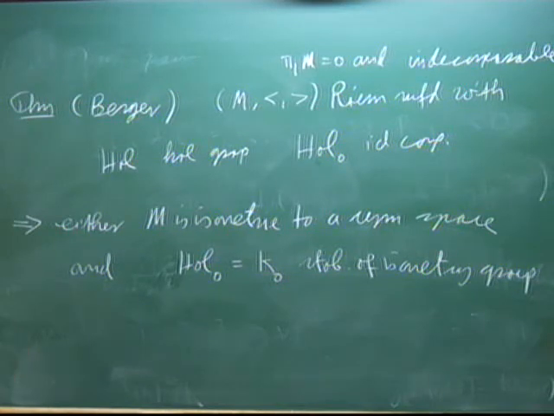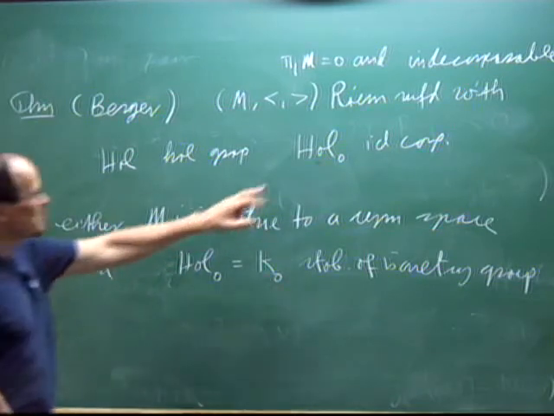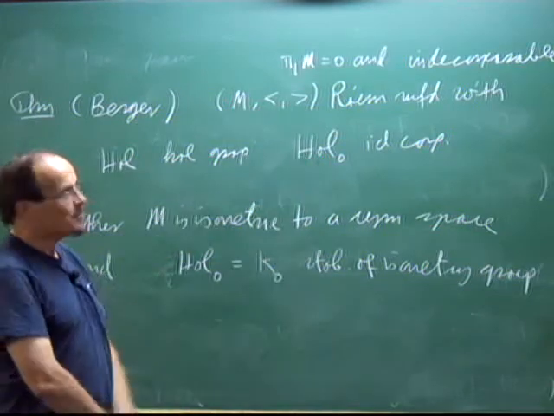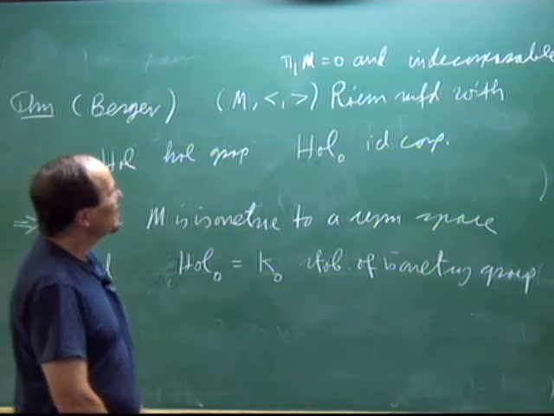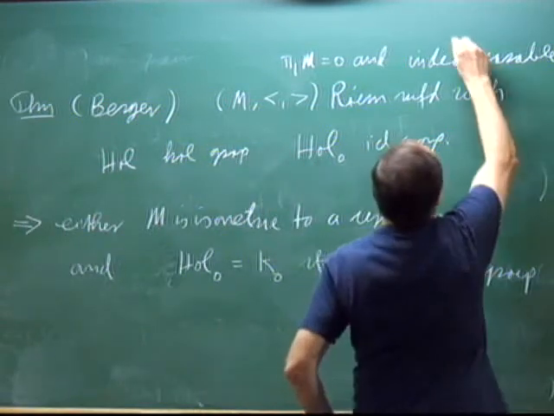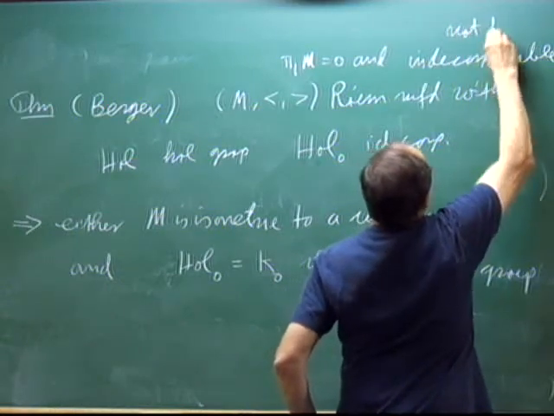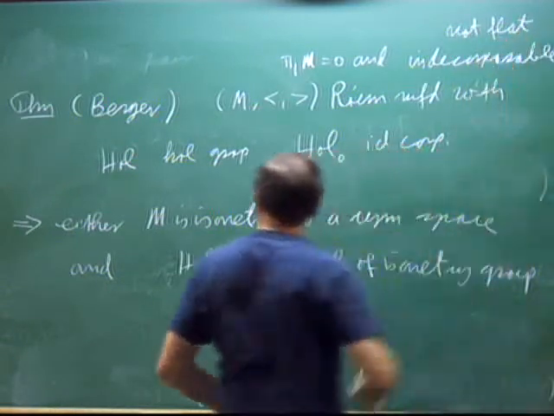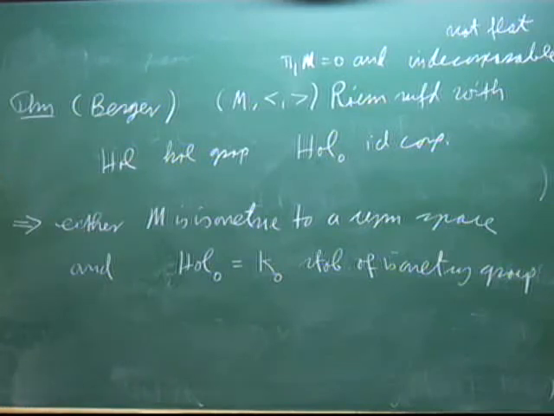Maybe I should exclude a priori the case where the manifold is flat, where this group is trivial. That's, of course, another possibility, so indecomposable and not flat. Again, that's not a strong assumption because if it's flat, I know that Hol 0 at least is trivial.